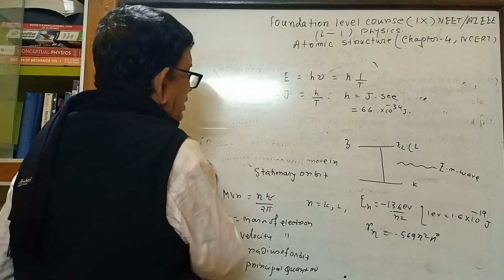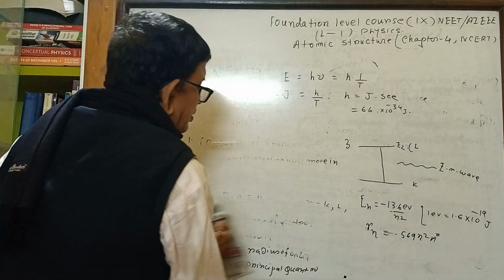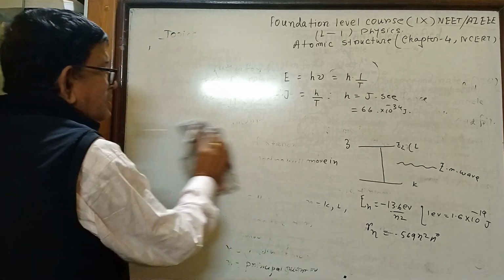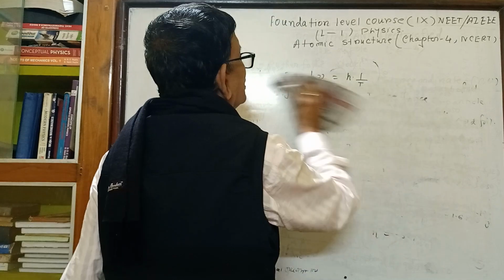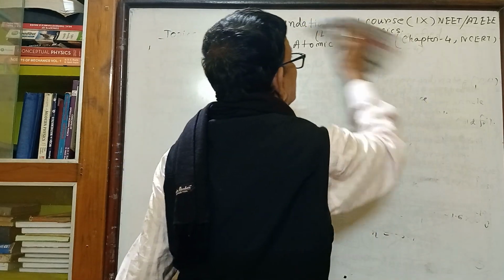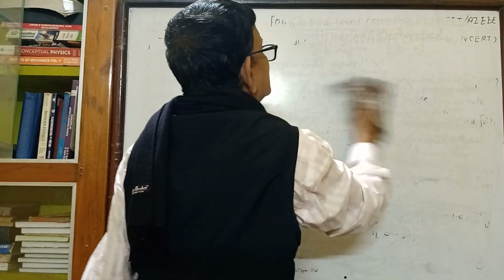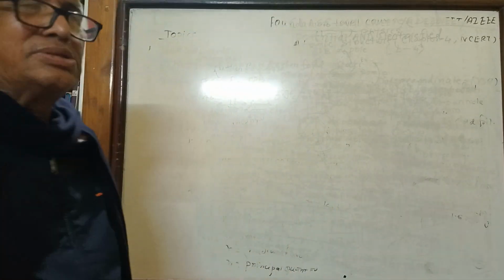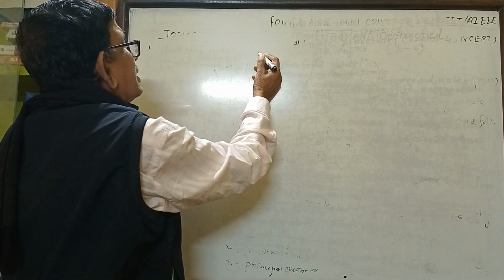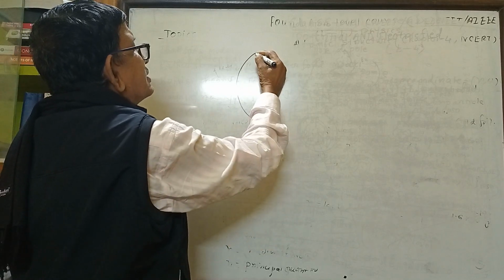The last thing I consider with you: what is the atomic number and what is the mass number, and valence electron with example. What is the atomic number? This is the atom.